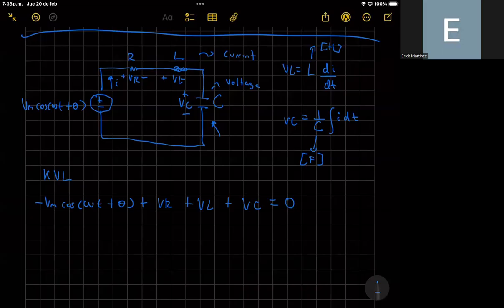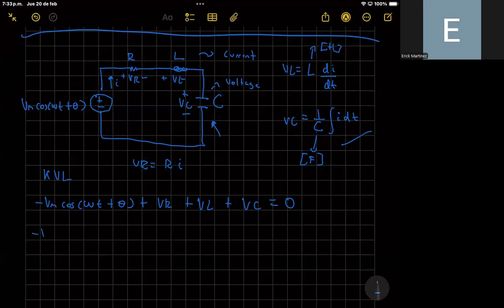Now remember that the voltage of the resistor is equal to the resistance value times the current, and that the voltage of the inductor and the voltage of the capacitor are given by these expressions. So I can substitute all of these values into this expression.